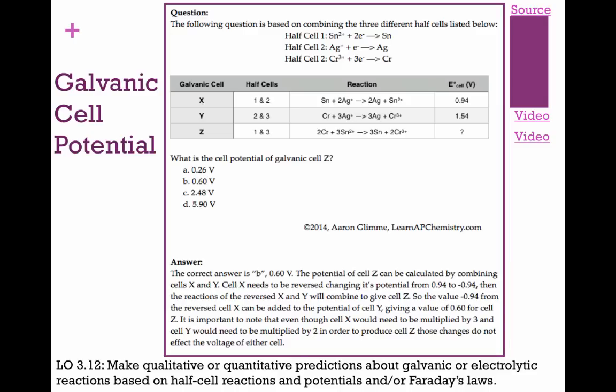Since at equilibrium voltage is 0, it's bad to reach equilibrium in a voltaic cell. And the further from equilibrium we are, the larger your value of cell potential. So you want to be far from equilibrium to have a really strong battery.